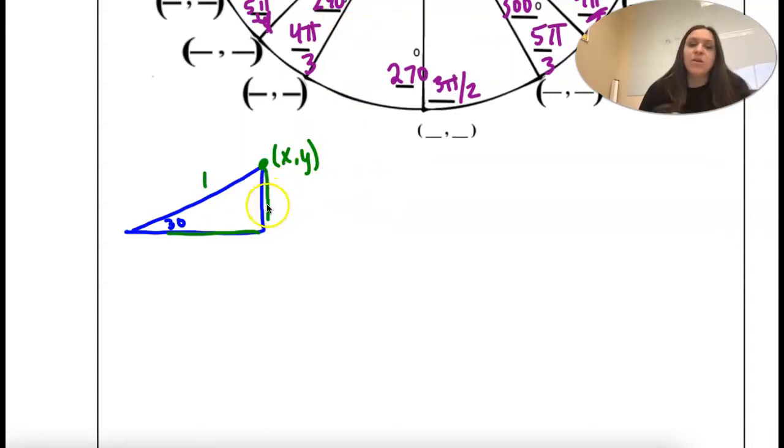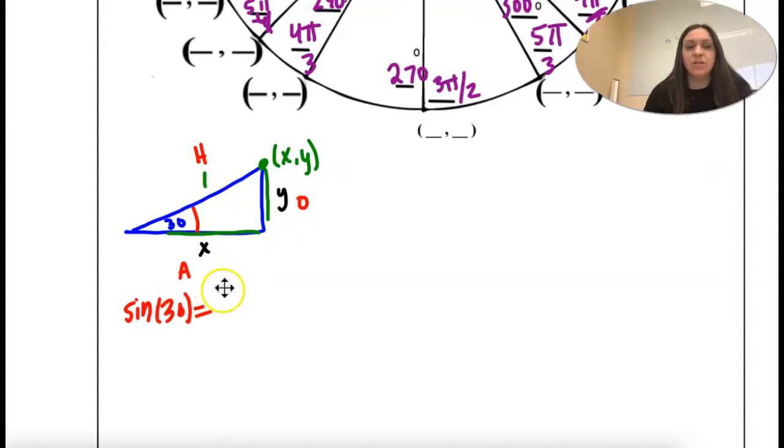So this would be x and this would be y. So we have hypotenuse, opposite, and adjacent. Let's start with sine is opposite over hypotenuse. So sine of 30 is y.